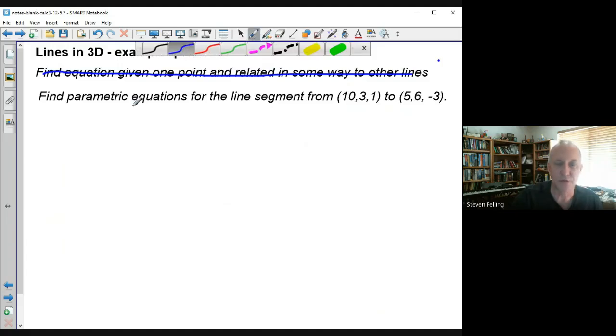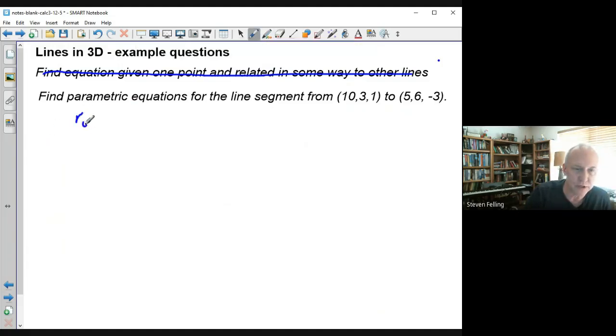The easiest way to do this is just to say my starting point is r0. So I'm going to use 10, 3, 1 for that. And then I want this segment to end at r1. So instead of explicitly writing out a direction vector, I'm just going to put a second position vector to the second point.